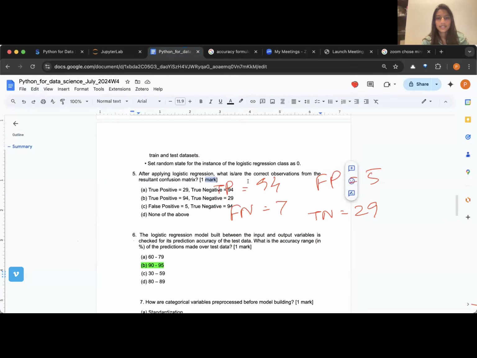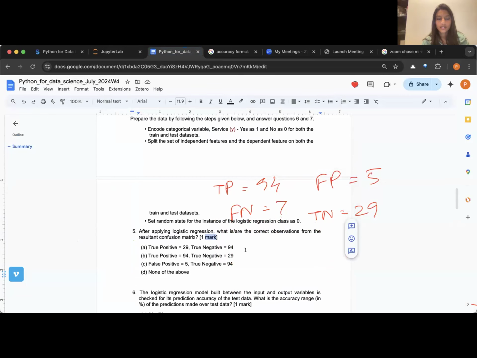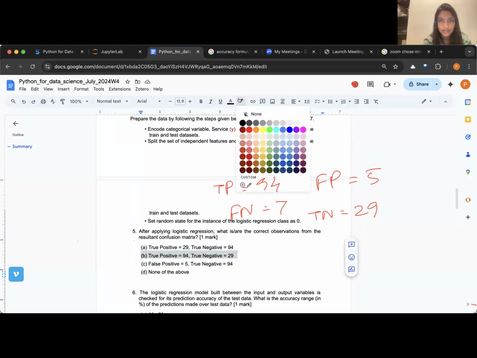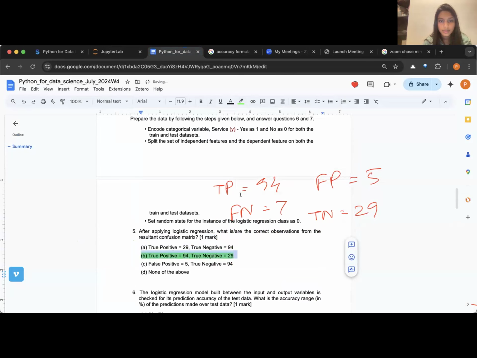Now look at our options again. Option 1, true positive 29. That is wrong because true positive is 94. So option B is correct because true positive is 94 and true negative is 29. But there could be multiple answers, so you still look at the other options as well.